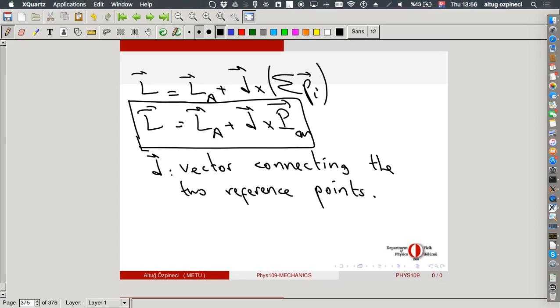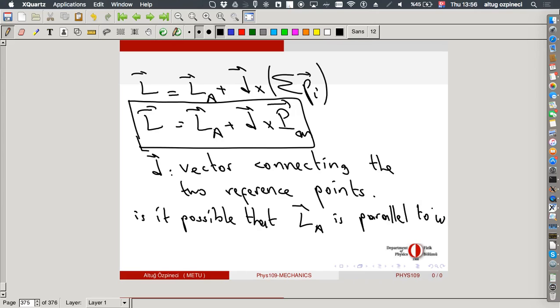Now, let's say one question might be, can we choose our reference point such that this is parallel to the angular velocity? Would it be possible? So the question is, is it possible to choose it parallel to omega? Can we always choose such an axis?